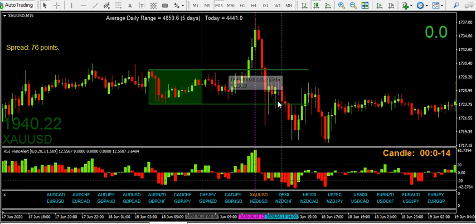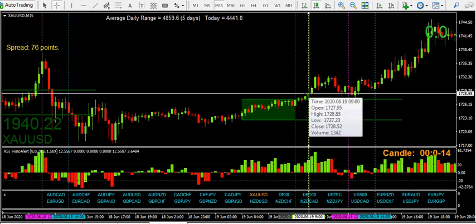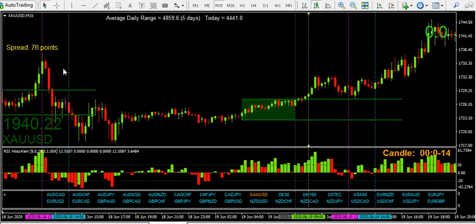So a few more examples. We've tested that H4 there. Finally, we've done a break and close there. Bust up before it, pull back, break and close. Another $40 move, and ultimately it's smashed that resistance over on the left hand side.